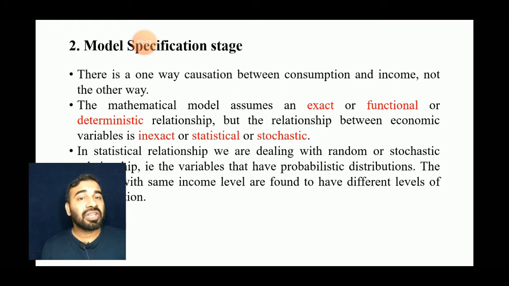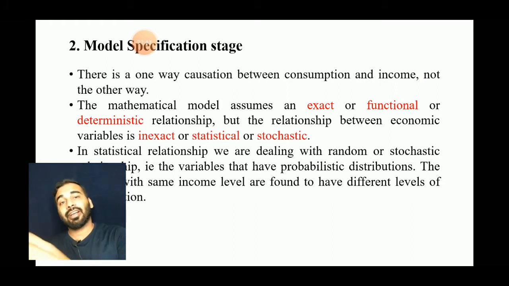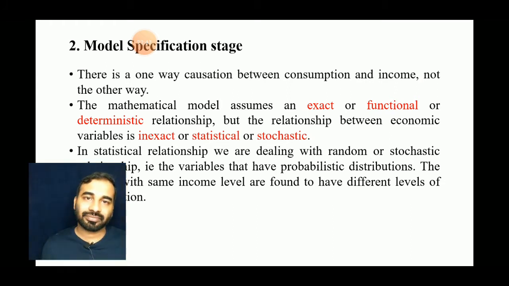There are no other factors that will affect consumption. But the problem is that in economics we cannot have such kinds of relationships. We cannot tell a relationship exactly because we are dealing with humans, not with a laboratory experiment.